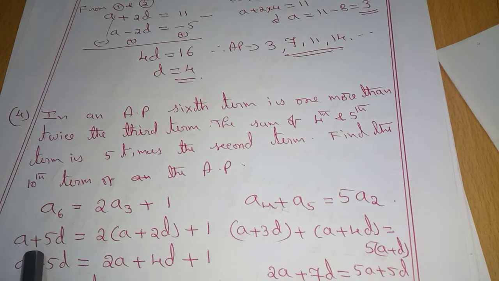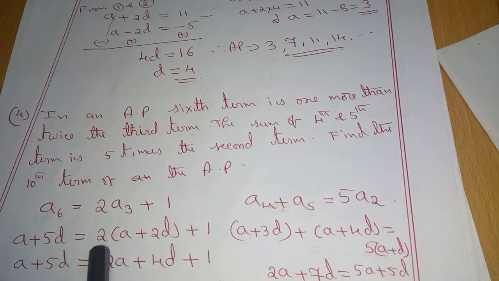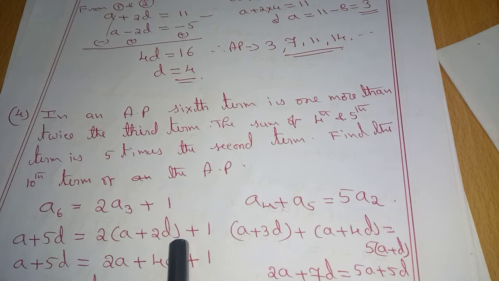A6 will become A plus 5D is equal to 2 into A plus 2D. Instead of one term, we are writing two terms. Therefore, we have to make use of bracket. 2 into A plus 2D, plus 1. A plus 5D is equal to 2A plus 4D plus 1.